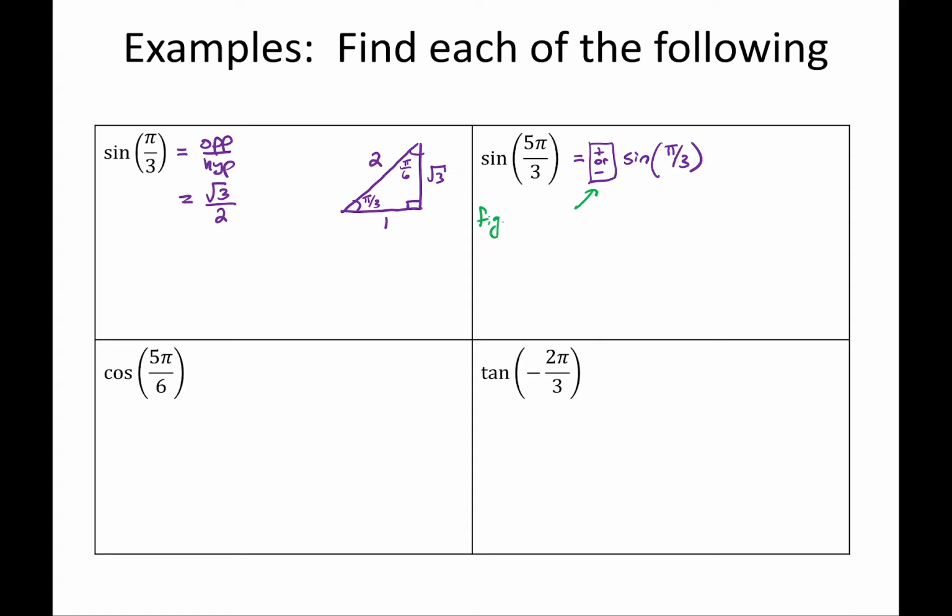We need to figure out the quadrant. Okay, so I'm going to figure out 5 times pi over 3. 5 times pi over 3 is 5 times 60 degrees.